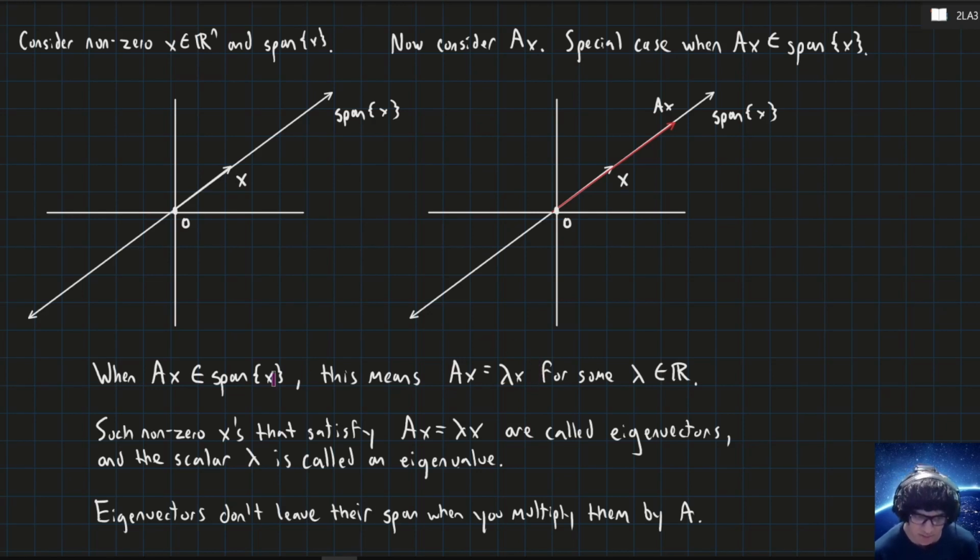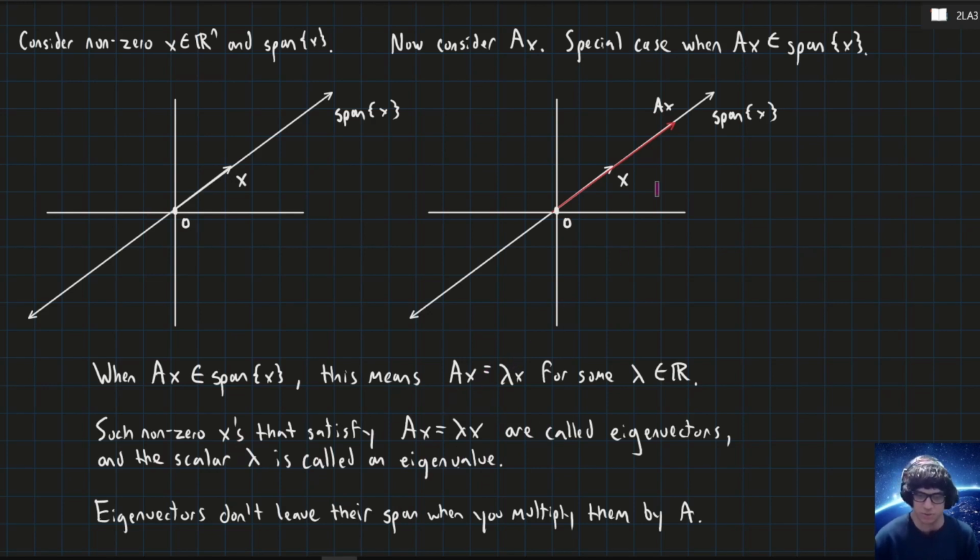And such x's that are non-zero, that have this property, are called eigenvectors. And the scalar lambda that's attached to them is called an eigenvalue.